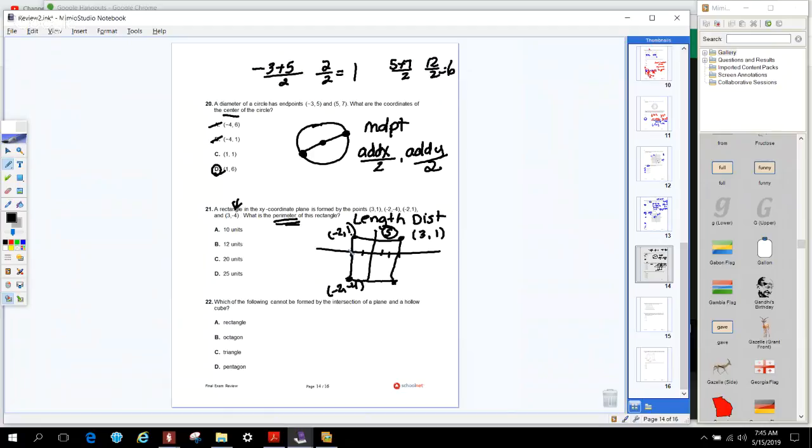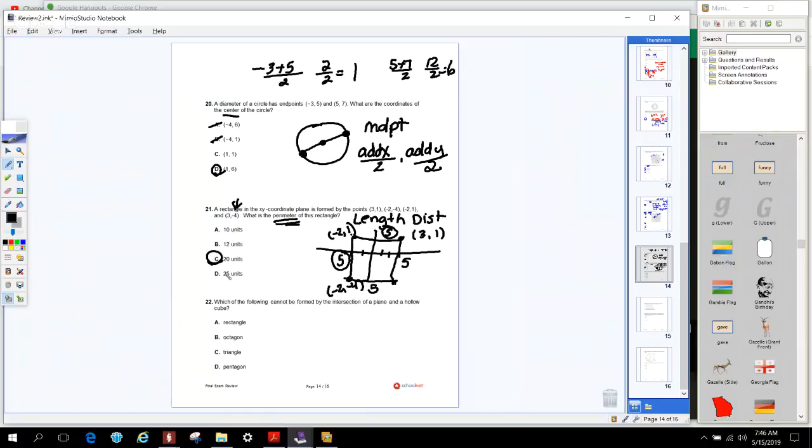So if we're at +1 and we go to -4, again, that's 5. Now, technically speaking, we're subtracting 5, but you're not going to ever have a negative distance. So now that we've got 5 and 5, we can, don't use the Sharpie marker, Michelle. 5 times 5 is, or it wants the perimeter. That's another thing I just messed up on. Because it's a rectangle, we know the opposite sides are the same. So the answer is 20.